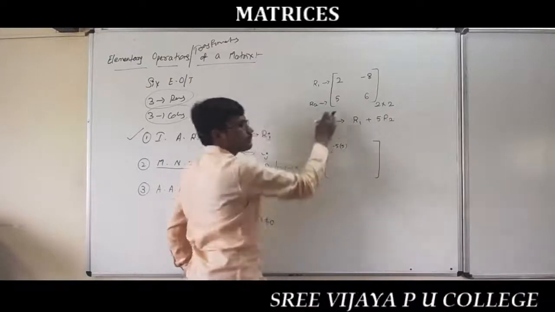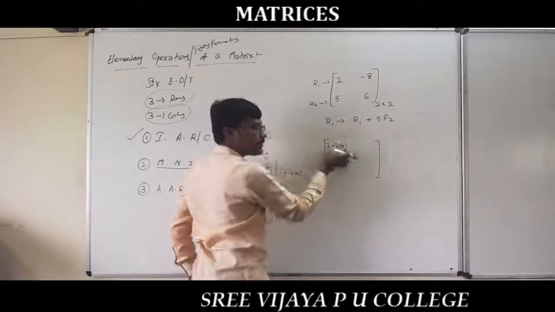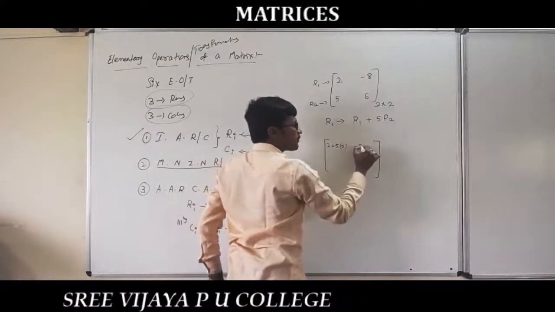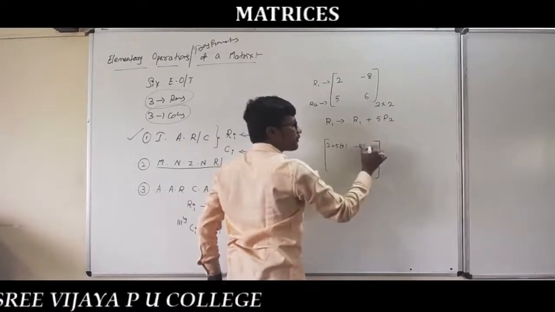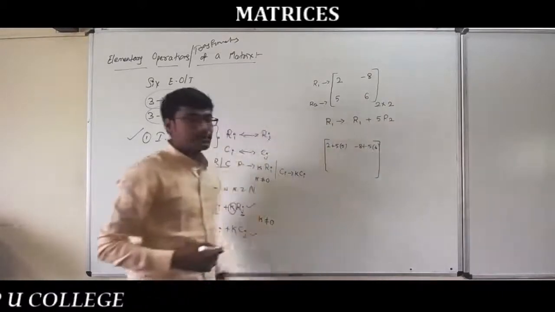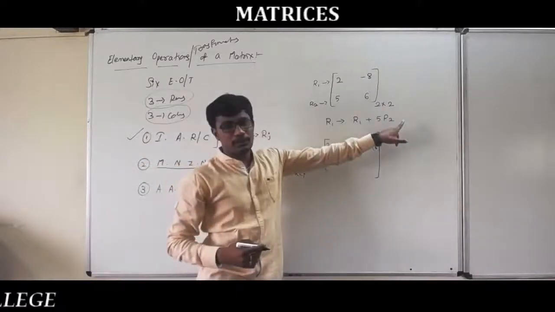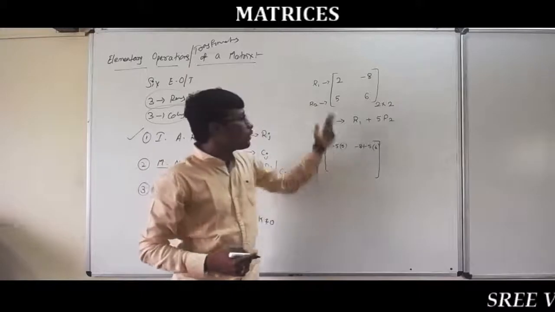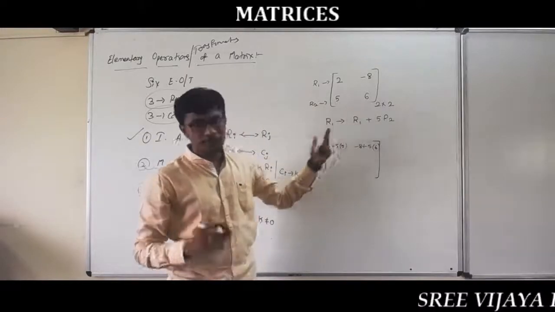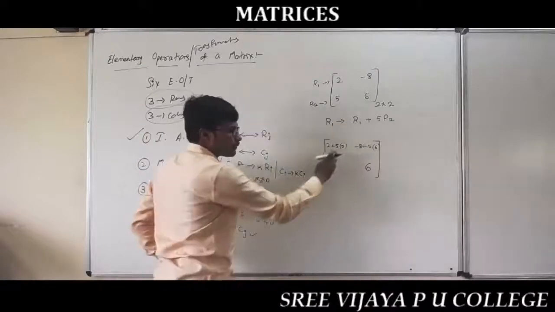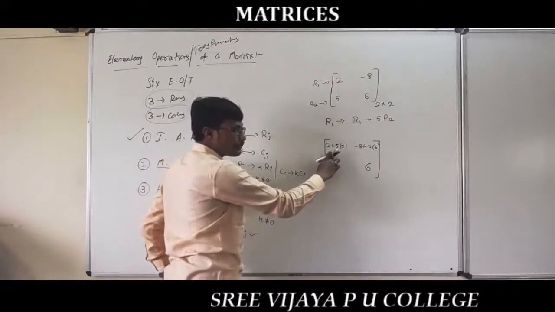For the other pair, R1 is minus 8 plus 5 times 6. We are changing R1, that's why I am writing it in the first row. What about R2? There is no elementary operation applied here, so write it as it is: 5 and 6 only. 5 fives are 25.